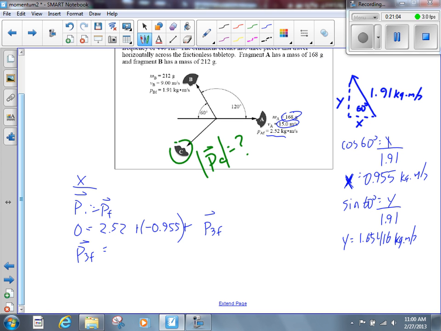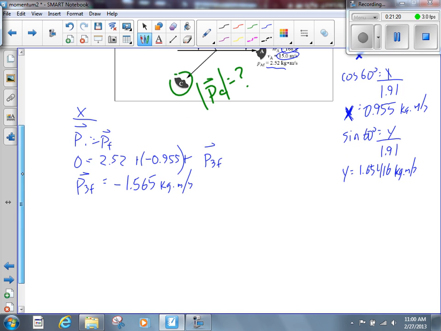Did it a little bit differently? Okay. Negative 1.565. And that would be, since it's momentum, kilograms meters per second. What's the other set of units, by the way, that I could use for momentum besides kilograms meters per second? Newton seconds.